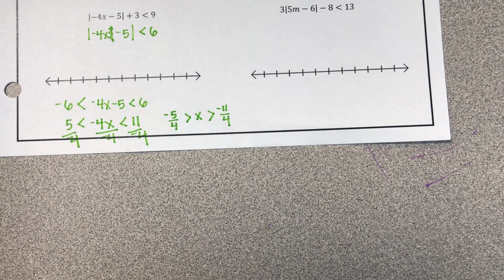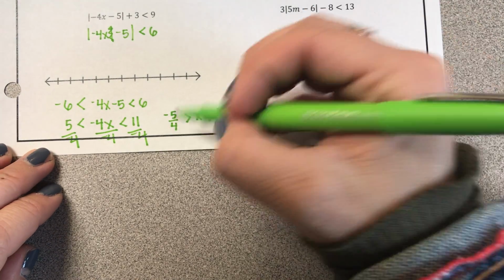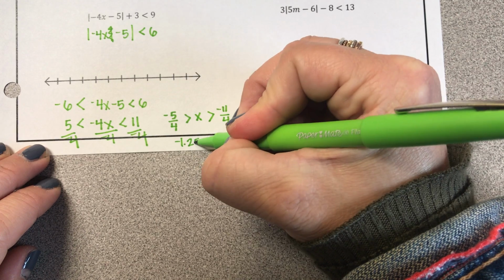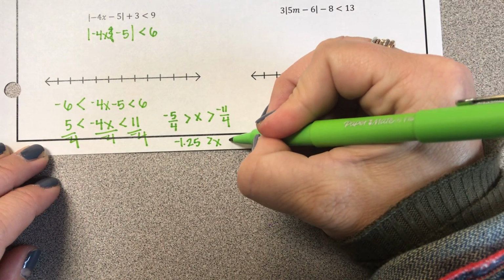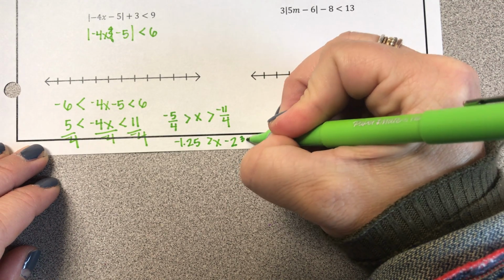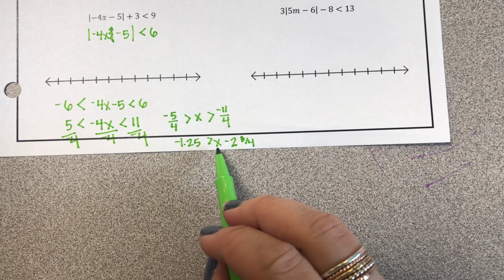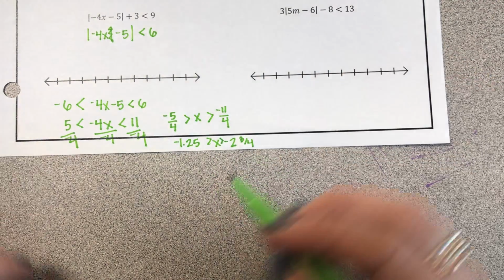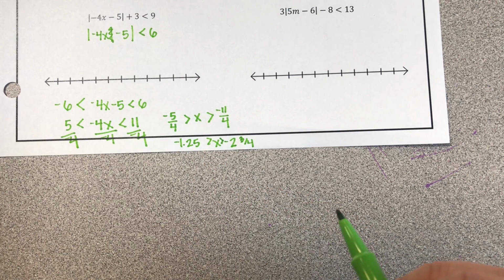So let's just think about this for a second, okay? Negative 5 over 4 is like negative 1 1/4. 4 goes into 11 2 times with 3 left over, so that's negative 2 3/4, or negative 2.75. So it's saying that x, I left off my sign, has to be greater than negative 2 3/4 and less than negative 1.25.